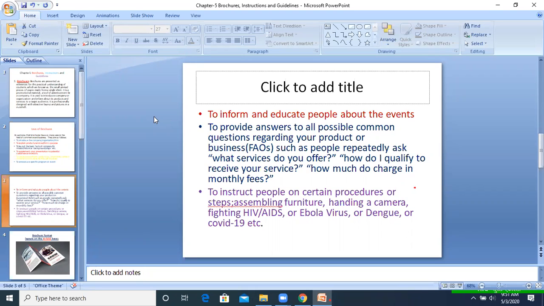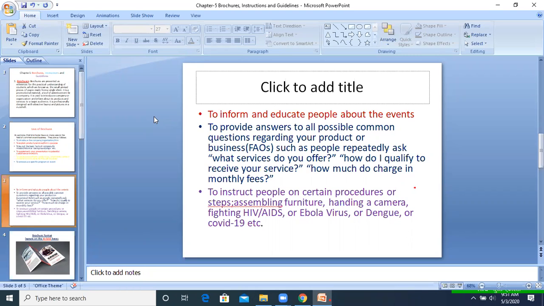Once again, keep in mind, please, the full form of FAQs stands for frequently asked questions. Frequently asked questions are called FAQs in short. That's why FAQs provide answers to all possible common questions regarding your product.